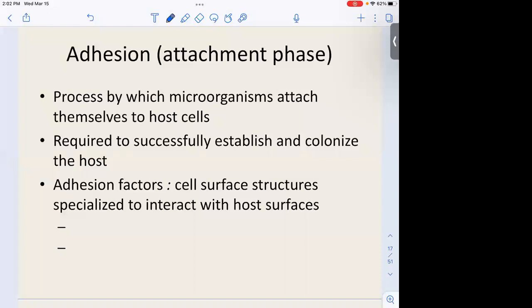We would call them adhesion factors, surface structures that some kind of microbe might have in order to help it stick to its target cells. We've already talked about some bacterial ones, fimbriae or pili. Again, sometimes we use those two terms interchangeably. Usually if there's a bunch of them all around a cell, we would call them fimbriae.